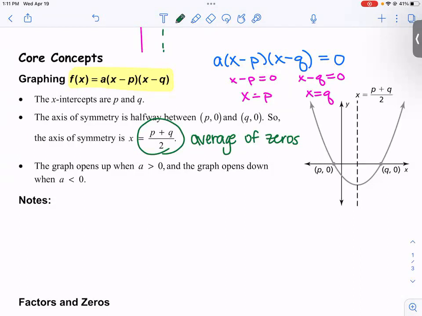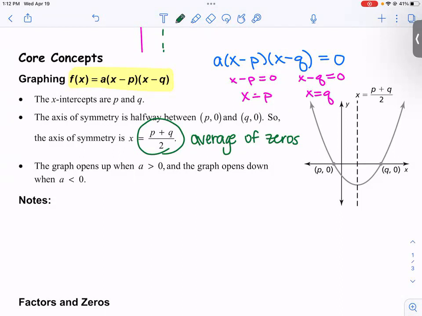We still know that A will affect how wide or how skinny our graph is. You have shown me via your quiz that you've got that figured out. What we need to do here is figure out where our x-intercepts are.